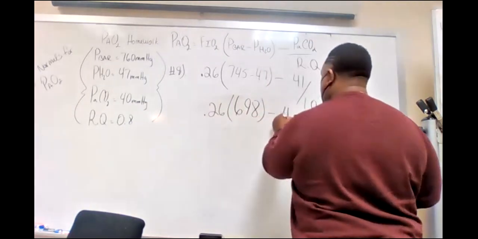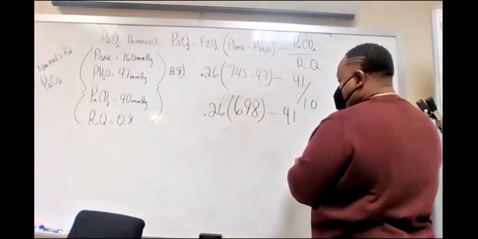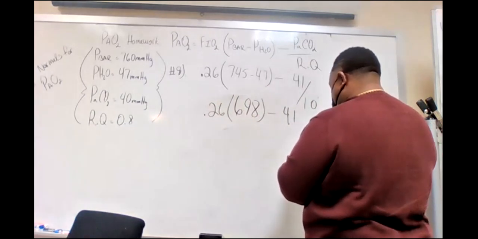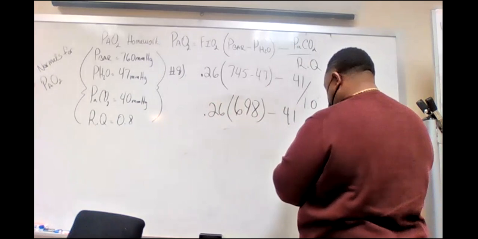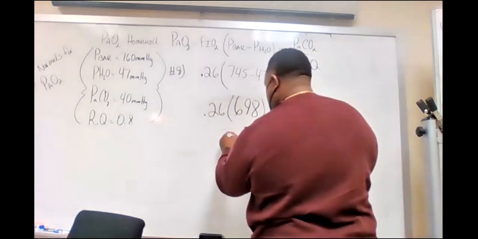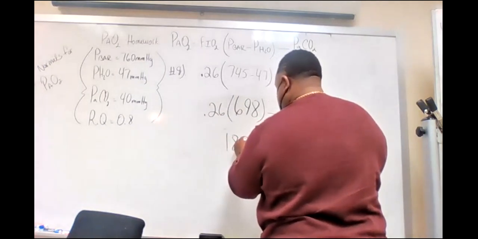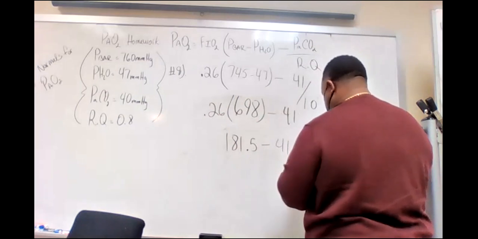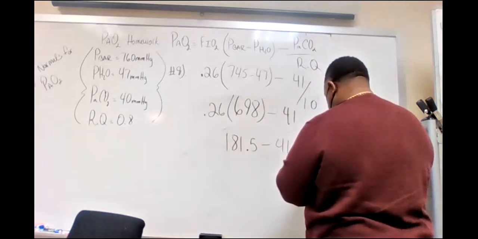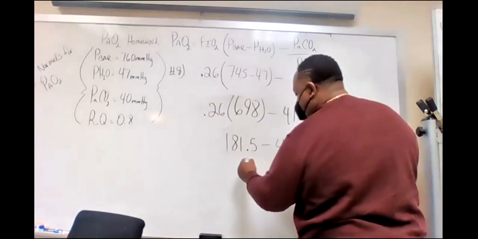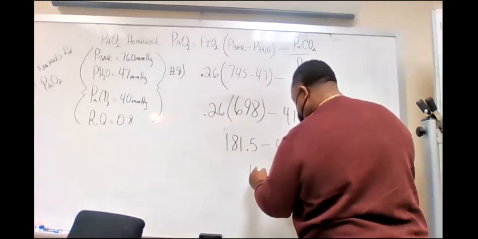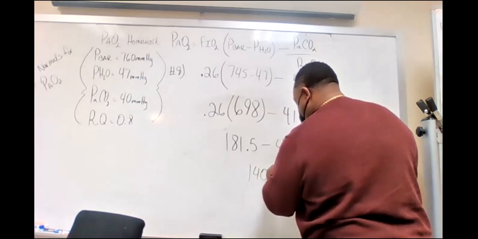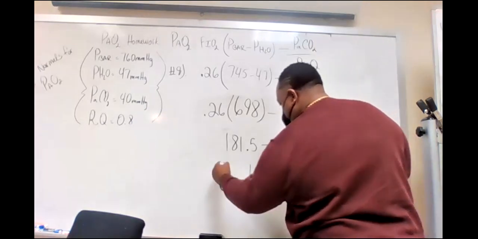All right, here we go. 698 times 0.26 is 181.48. Let's just say 181.5. Minus 41, it's about 140 millimeters of mercury.